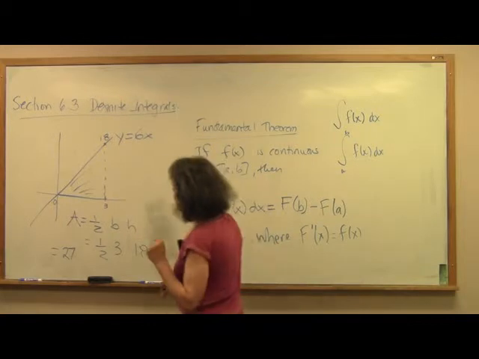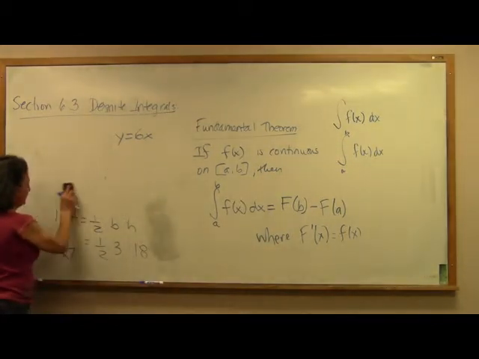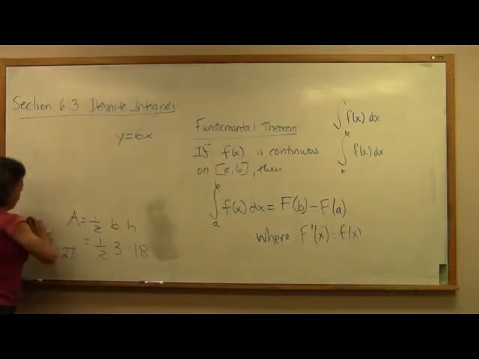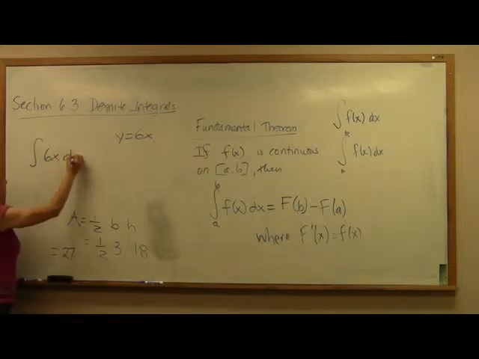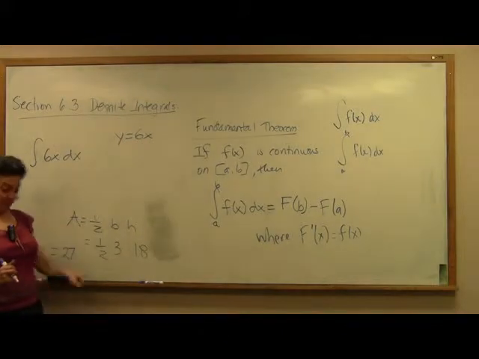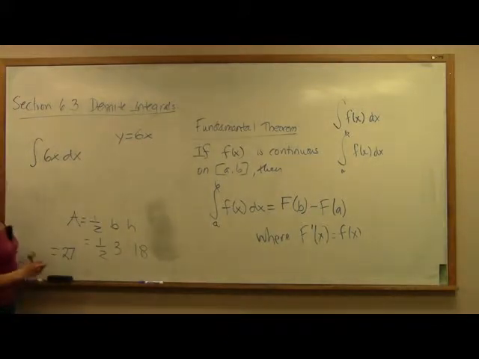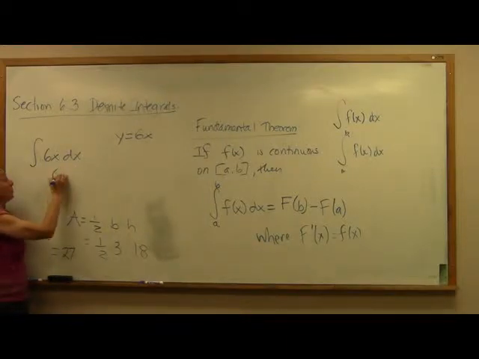So, my first example, I'm going to erase this graph but keep this area business here. What if I wanted to compute the definite integral of 6x dx? Notice it's my same function. Now I don't just want my general antiderivative, which we know is 6x squared over 2 plus a constant.